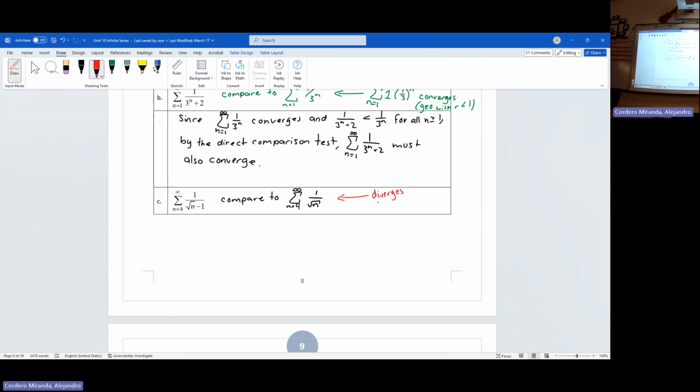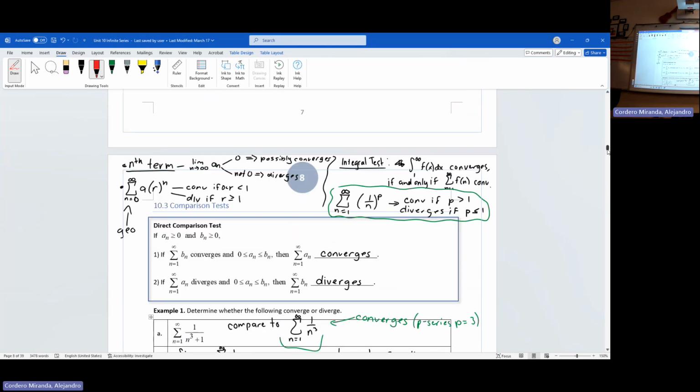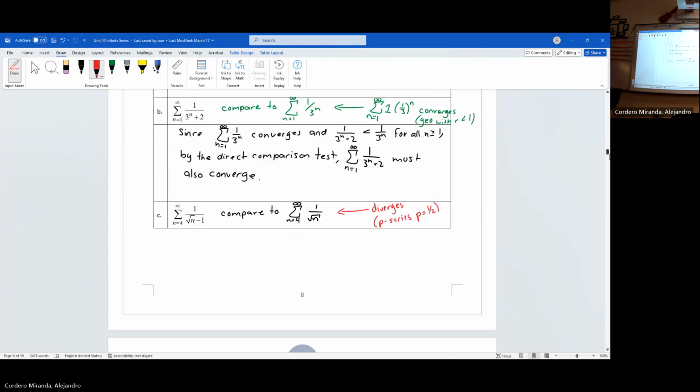Yeah, this is a P series with P being 1/2. P series being these ones up here. This is 1 over n to the 1/2. So it diverges because P is less than 1. Okay, cool. So now look at this one.